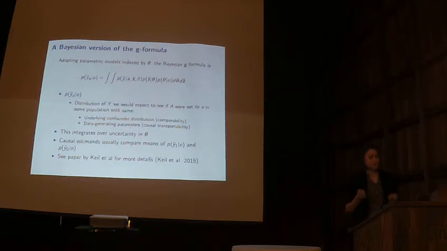So where things get a little interesting, and I'm not going to go too much into depth here, really embedded in these assumptions is that we're thinking about if we could set the treatment to this value little a for the whole population, what does that population look like? If I'm learning about the causal mechanisms in one data set, and I want to make projections about a different set of people, I need there to be similarities in the data generating process, in the sense that I need there to be causal transportability.